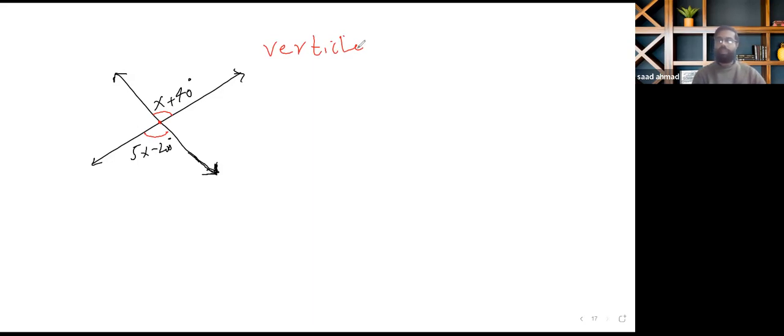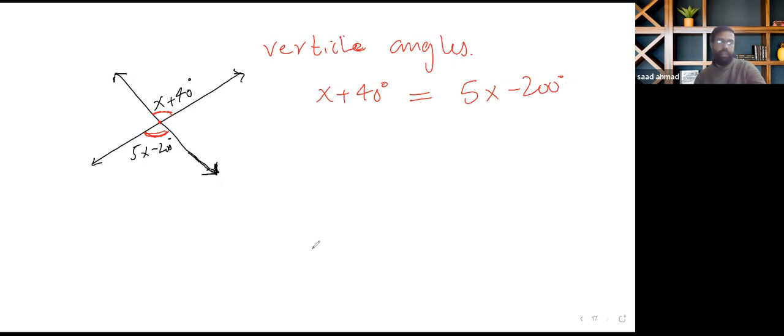Vertical pair of angles have the property that they are congruent, they are equal. That's the property of vertical pairs of angles. So x plus 40 degrees should be equal to 5x minus 200 degrees.